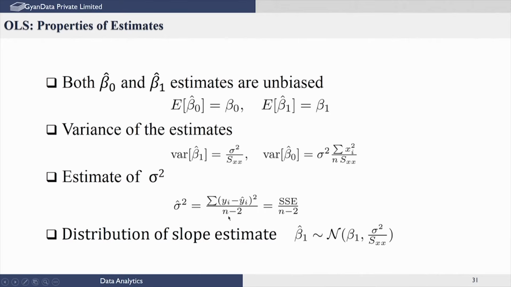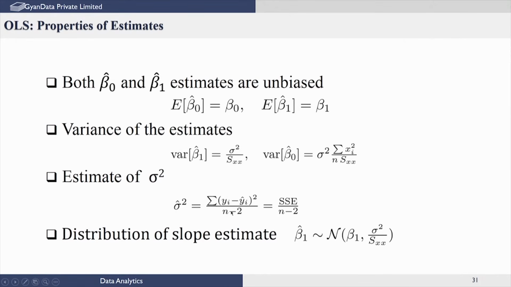Now, why do we divide by n minus 2 instead of n or n minus 1? Very simple, yi hat was estimated using the linear model. It had two parameters, beta naught and beta 1, which means that two of the data points have been used to estimate beta naught and beta 1, and therefore only the remaining n minus 2 samples are available for estimating this sigma squared.